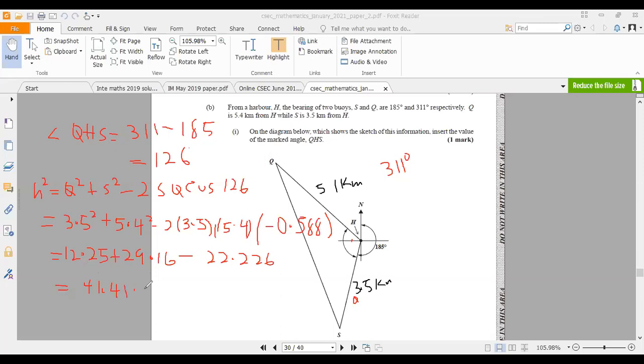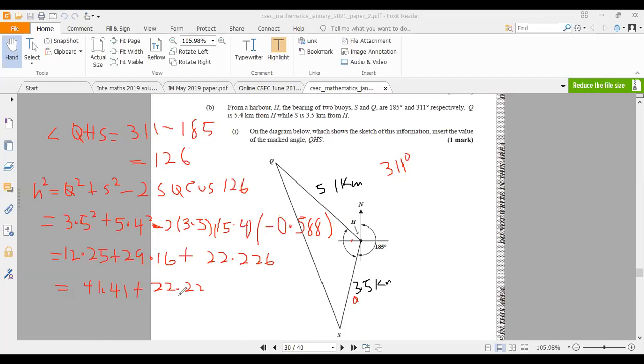Right, minus what? 22.226. Sir, how is this a minus? Come again. How is it a negative 22.226? Because when you multiply by a negative, we get a positive. Where is our negative? The negative 2 times the 3.5. Okay, good. So there was a negative here and a negative here. This makes it positive. Everybody see that?